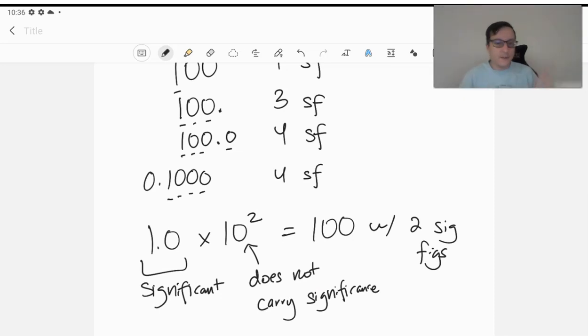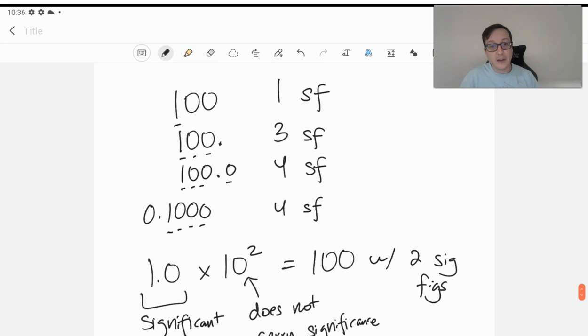So this is called scientific notation. Definitely something that we'll be working with throughout the semester. It's a great way of dealing with sig figs because you see here there's not an easy way for us to say 2 sig figs for the number 100 without using this idea of putting it into an exponent.